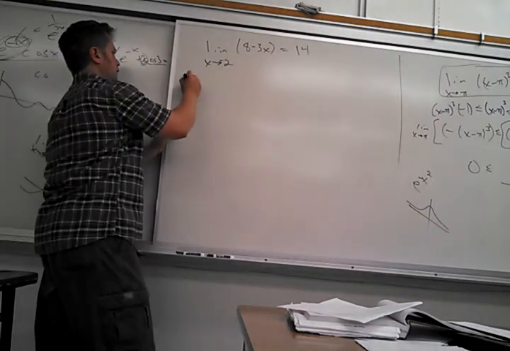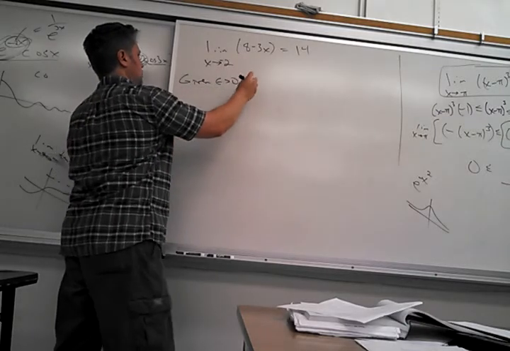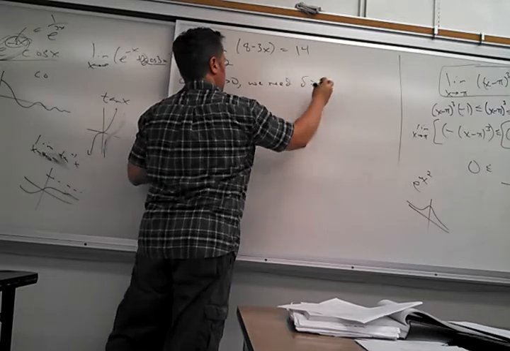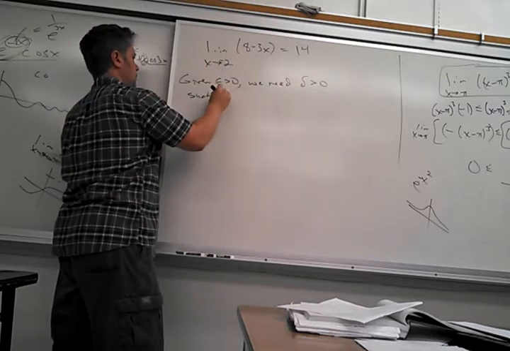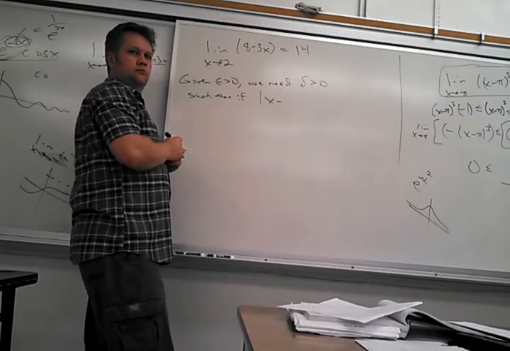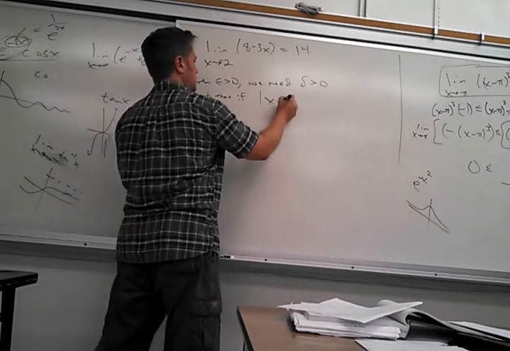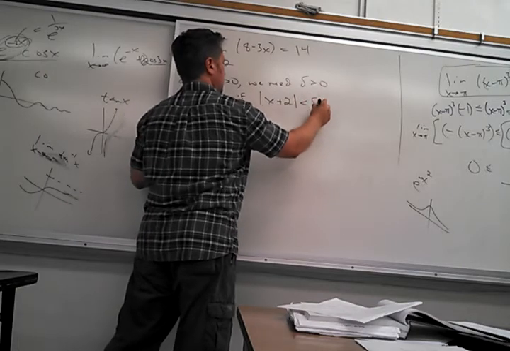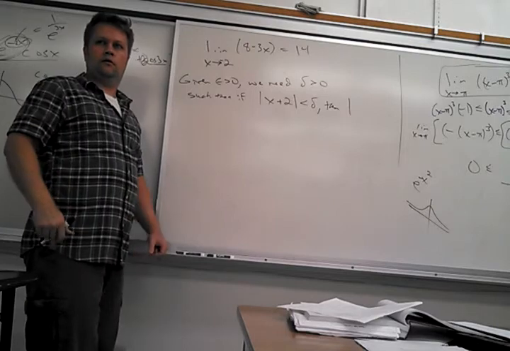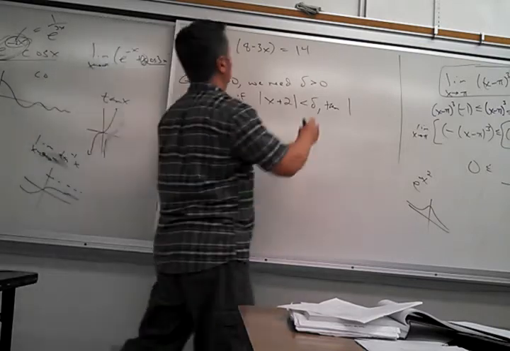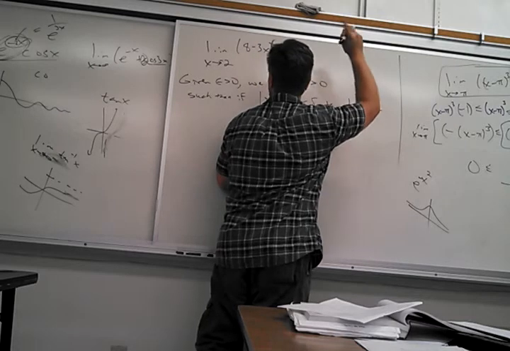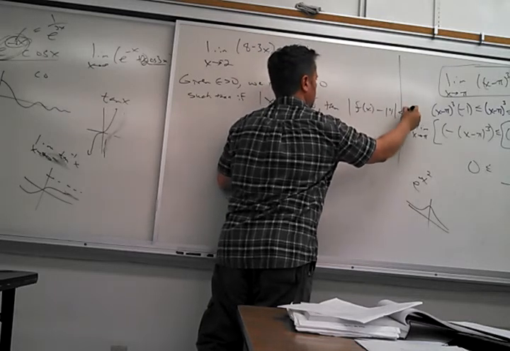So then, given epsilon greater than 0, we need delta greater than 0, such that if x minus negative 2, so x plus 2, is less than delta, then f of x minus 14 is less than epsilon.